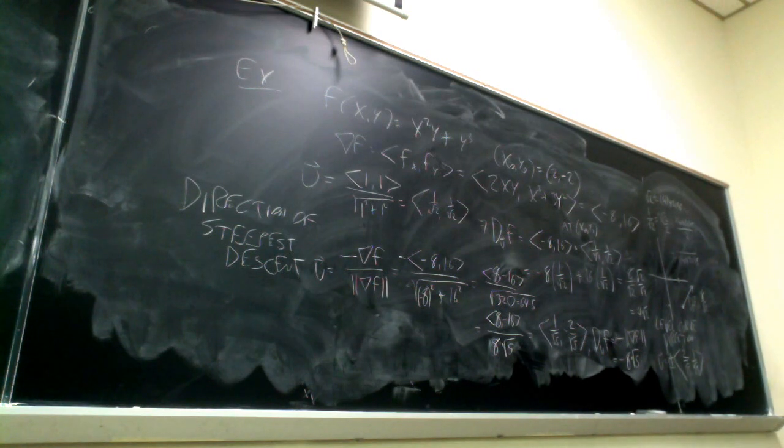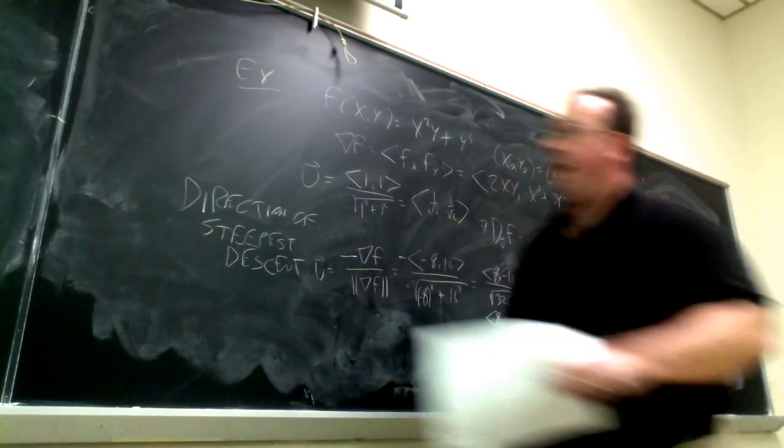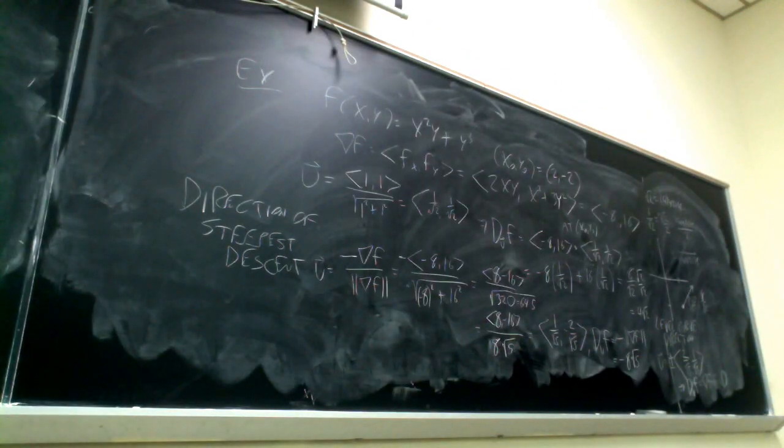Okay, so if you use this direction in the formula for a directional derivative, gradient dot u, in this case you're going to get 0. So in the increasing direction the derivative is plus 8 square root of 5. This way it's minus 8 root 5. Along these directions, perpendicular, it's 0.